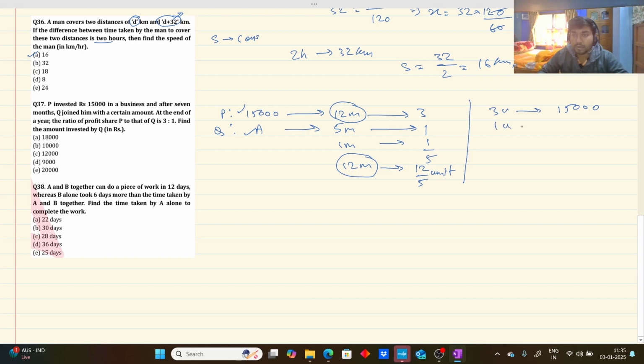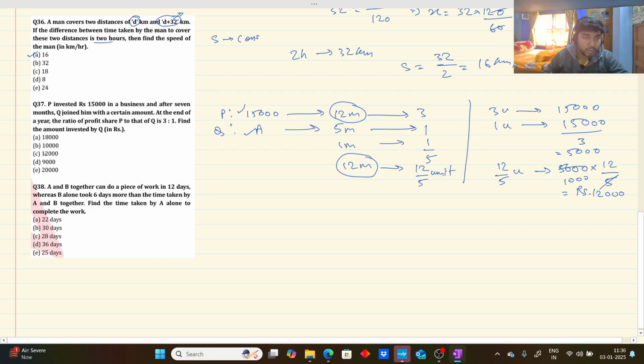That means for 1 unit of profit, he would have invested 15,000 by 3, that is 5,000 rupees. And if his profit share would have been 12 by 5 units, then he would have invested 5,000 into 12 by 5, that is rupees 12,000. Hence Q had invested rupees 12,000.